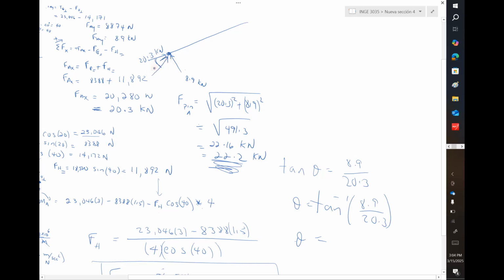So here I have about 23.7 degrees. Actually, we're going to write it here, 23.7 degrees. So this is the angle of that force going up, where the angle is working toward that direction.